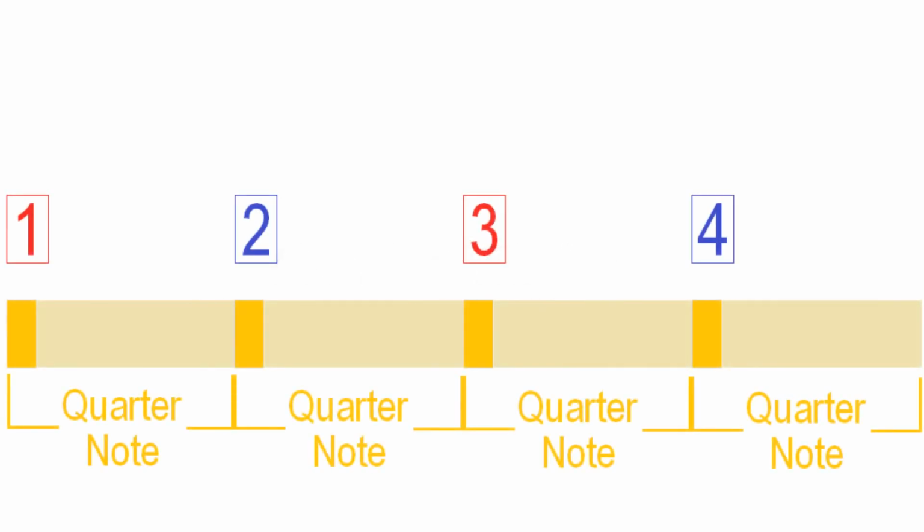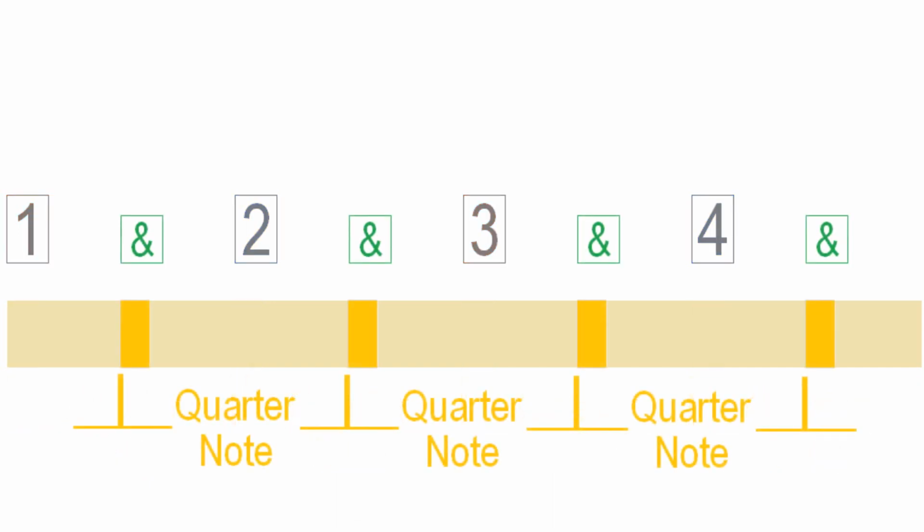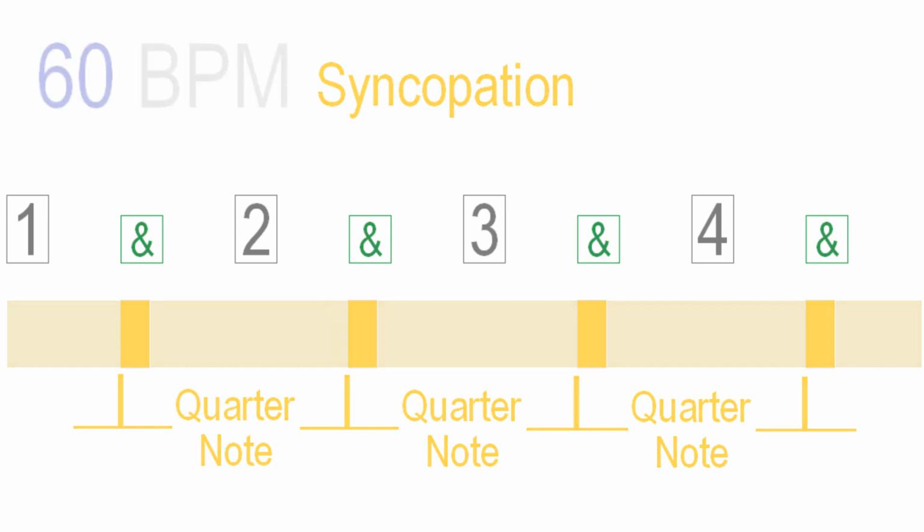Starting with quarter notes, if we positioned each quarter note sequentially on the "and" in between the beats, we can create what is known as syncopation, which can be described as a placement of rhythmic stresses or accents where they wouldn't normally occur.